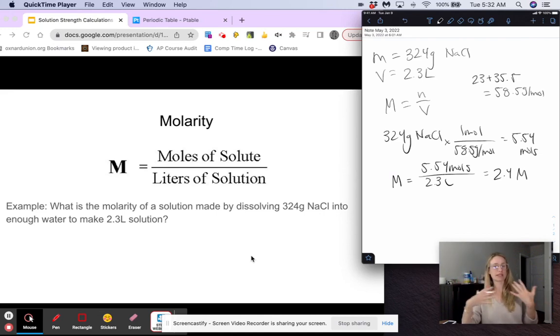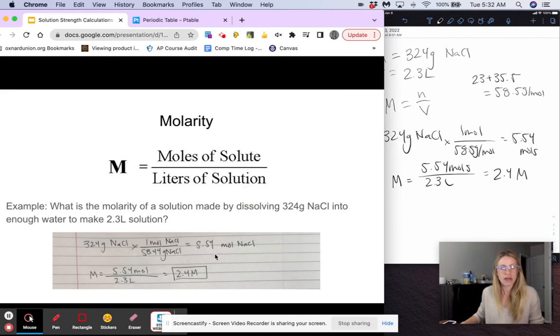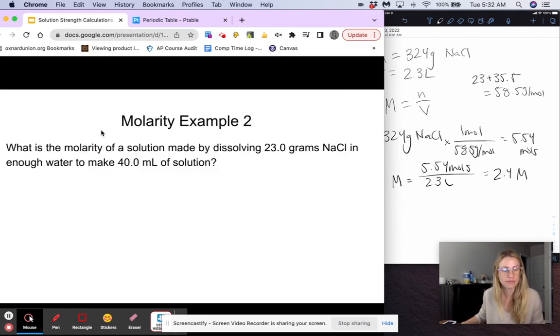No, this is a relative term, right? You have to have two solutions to say one is more concentrated than the other. But here, what we're getting for molarity is a concentration. So something that has a larger molarity is going to be a more concentrated solution, if that makes sense. So here's the math.